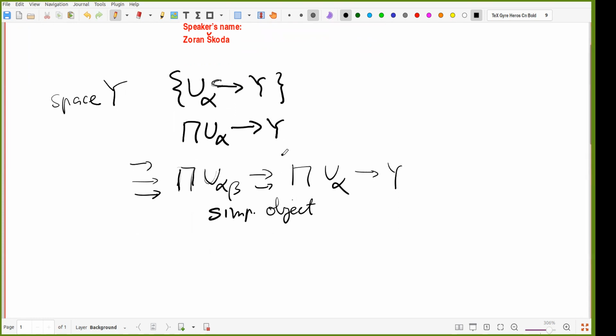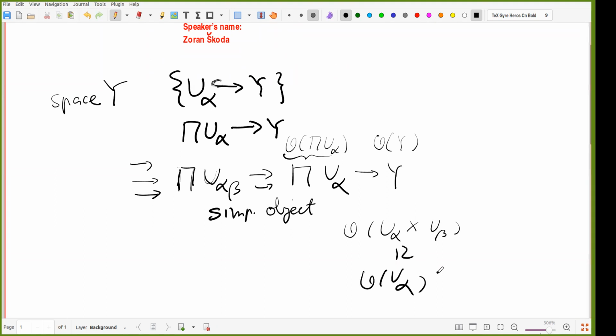And then if you apply functions on each of these, some sort of functions, which depends on which category of spaces you are in, then if I'm taking, say, U alpha cross U beta over Y, this should be some sort of tensor product. And if this is over something, then here there should also be some tensor product which is relative over something.